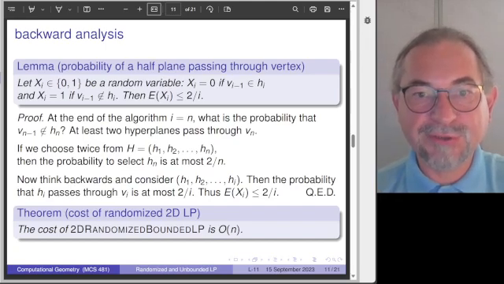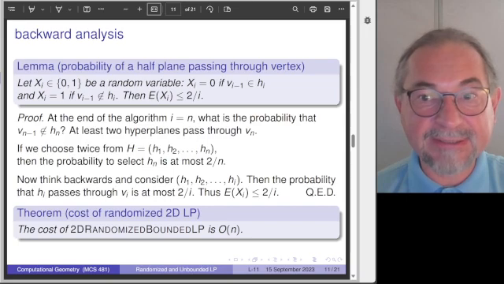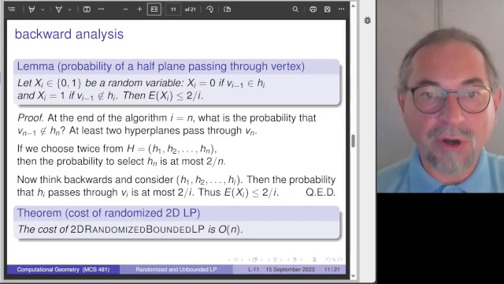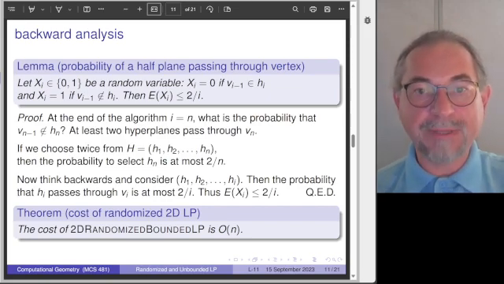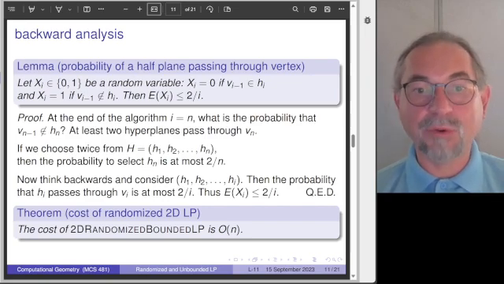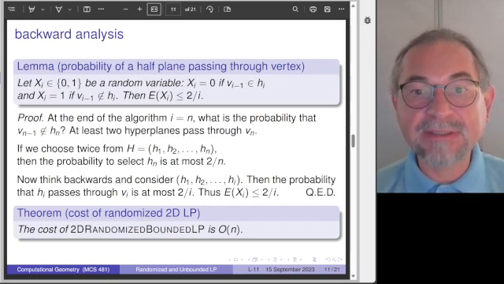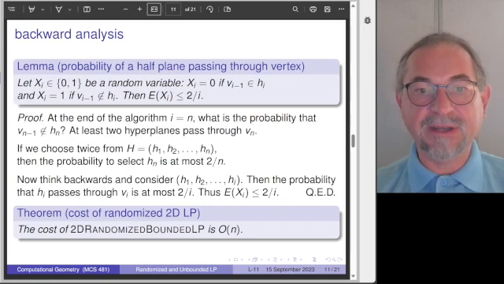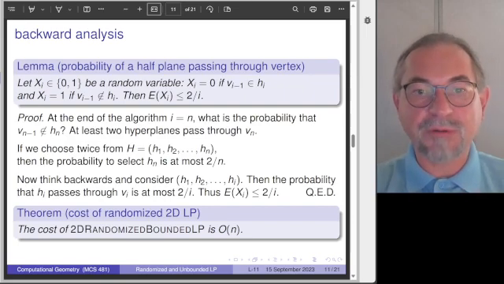We will do some backward analysis. So we'll actually say that the probability that the current optimum does not satisfy the new half plane is 2 over I. So we will work backwards. Okay, what is the probability at the very end of the algorithm that the last vertex was actually different from the previous one?